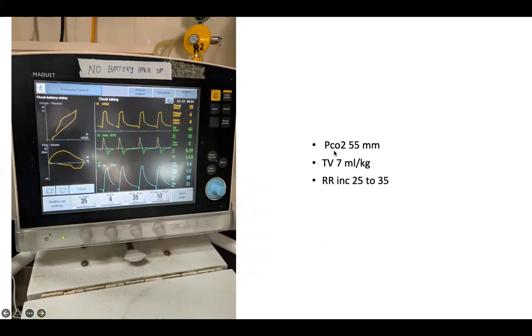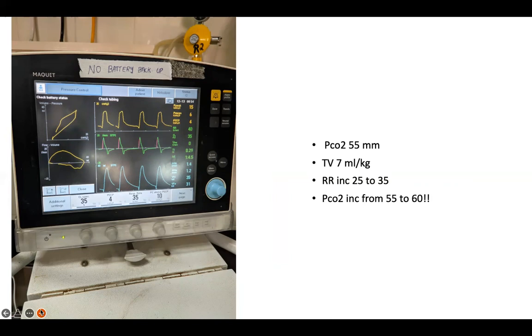The PCO2, which was initially 55 with a tidal volume of 7 ml per kg, once the respiratory rate was increased from 25 to 35 with the aim that it will bring down the PCO2. But when the blood gas came, unfortunately, you found that the PCO2 has now increased from 55 to 60.